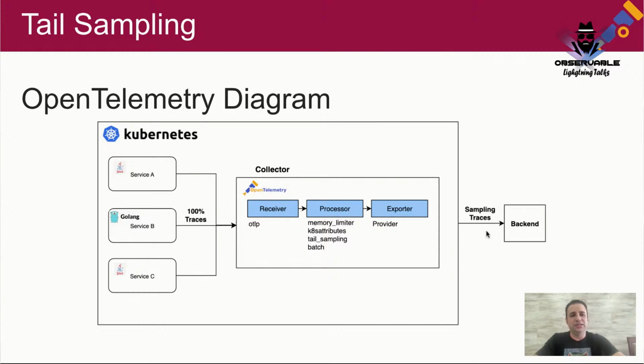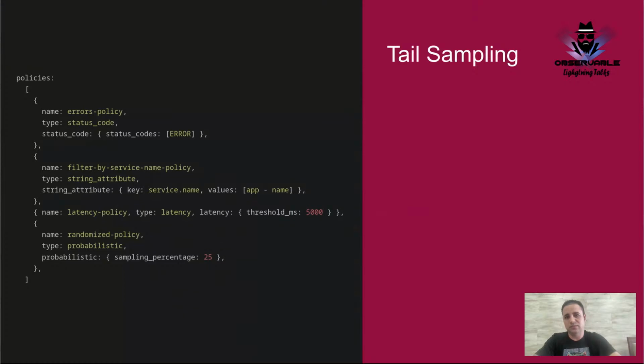So we send just the necessary data to our backend. It provides us a good saving in terms of the cost of observability because we store just the necessary data, not 100%, because sometimes 100% of the data can be very expensive, for example, in our case.